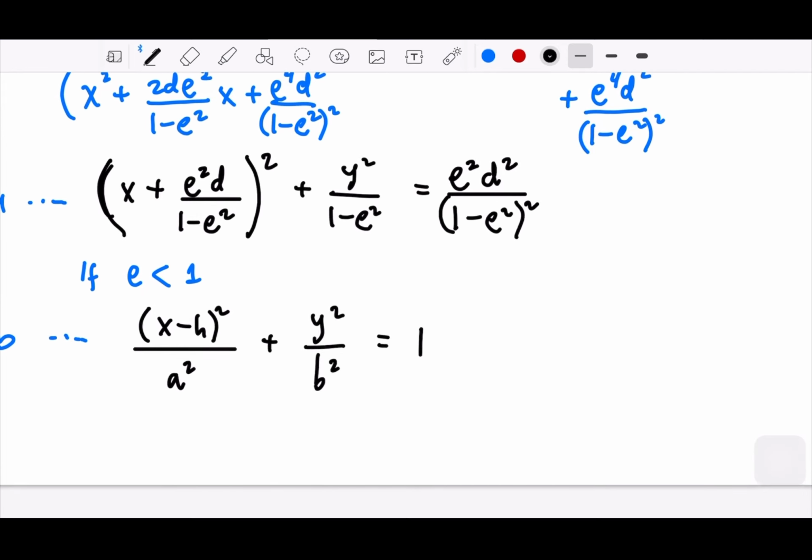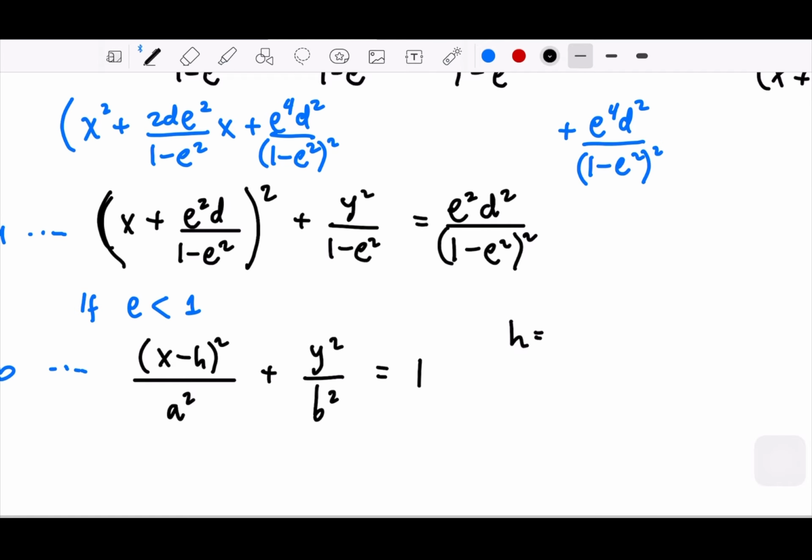That is, H is minus E squared D over 1 minus E squared, and A squared will be, or if you would like, all these terms we divide by this to make it 1, so that it will be equal with this. Okay. So that means that A squared is the division of this one, right?